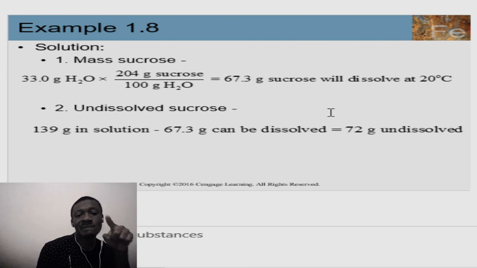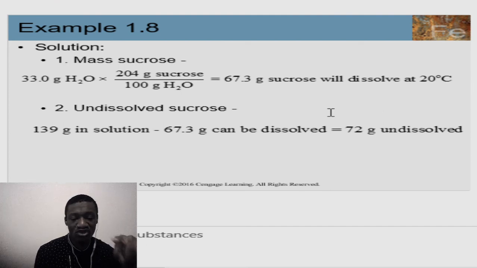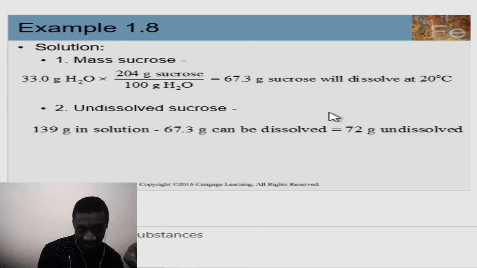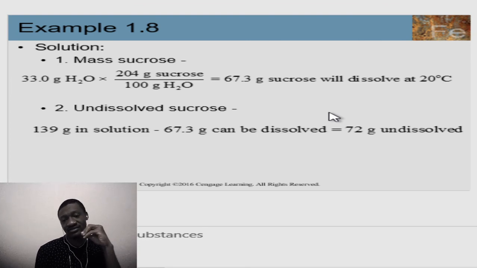So we have 33 grams, which is the initial mass of water. You use that now with the conversion factor at 20 degrees to calculate the first. When you get the amount of sucrose, you work out the undissolved from the total amount that you have.